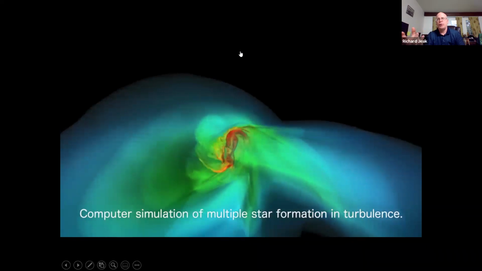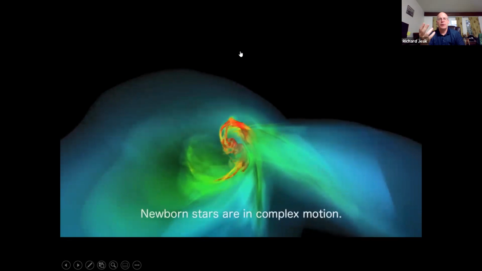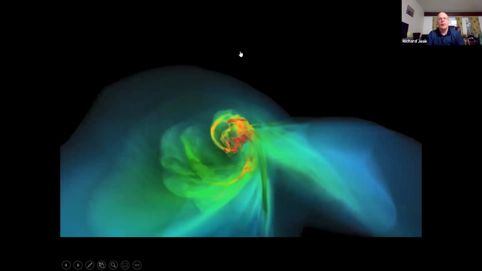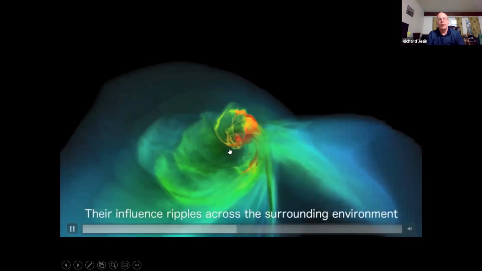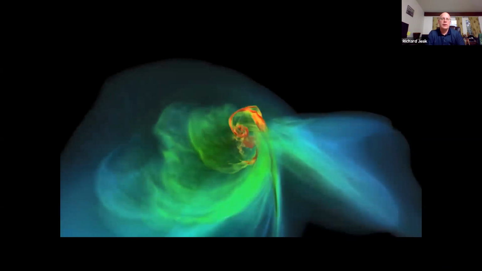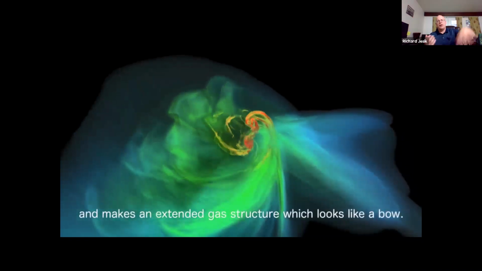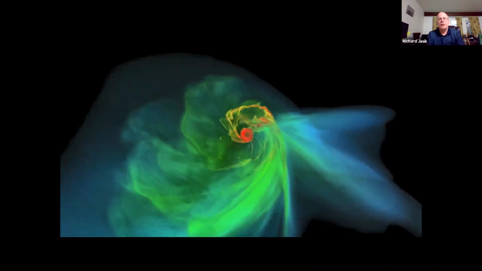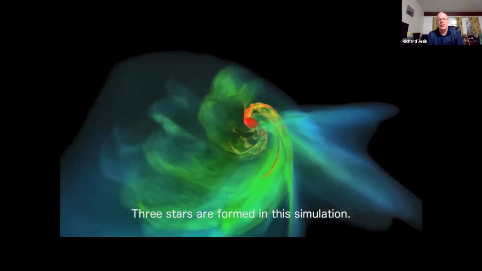In a supercomputer simulation of a gas cloud, as it collapses, we can see this structure start to form, and we see little baby protostars being born in the gas cloud, and we can see how it rearranges the gas cloud as it goes along. This looks pretty much like it is for 3 stars.